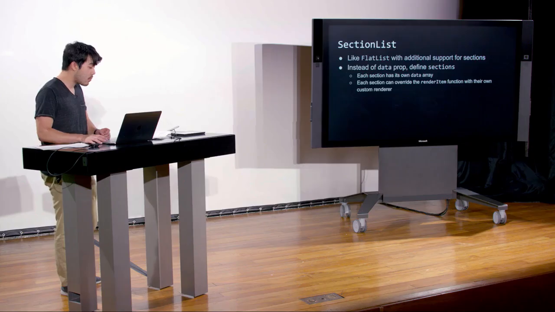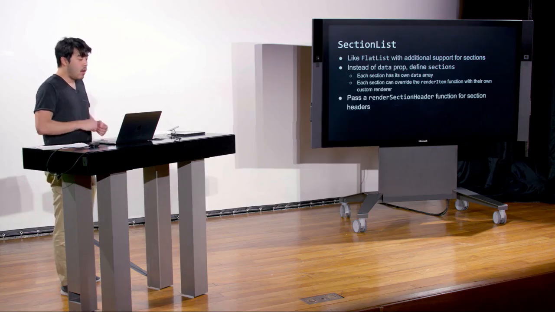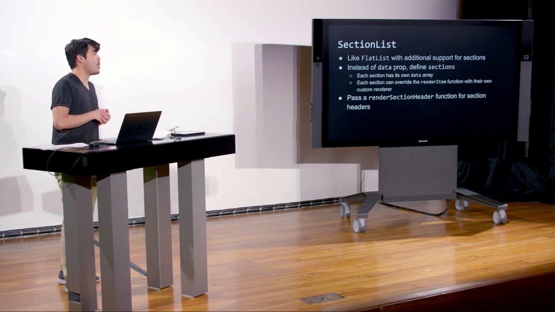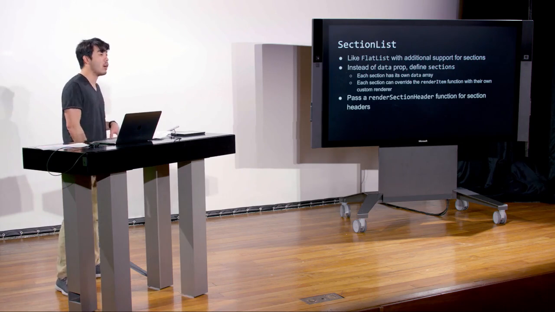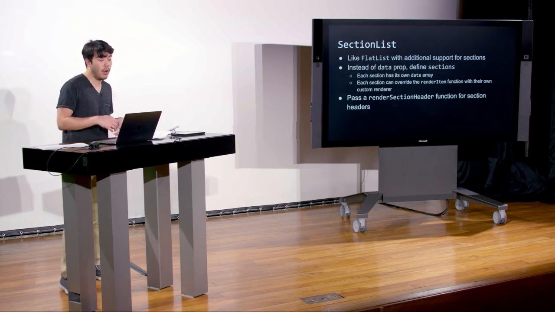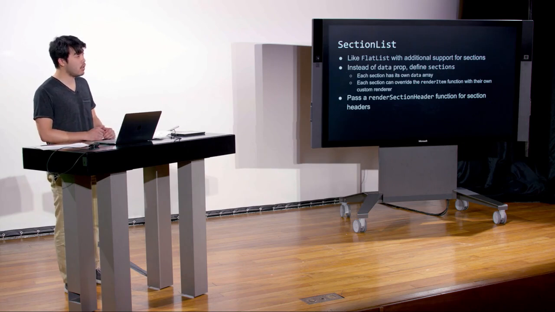Say if you wanted to have different colors or different backgrounds for each section, you could do that by overriding the render item function. And for section headers, we just pass a separate renderer. So just like we defined a renderer for the items, we also define a renderer for section headers. And so let's take a look at what that looks like.